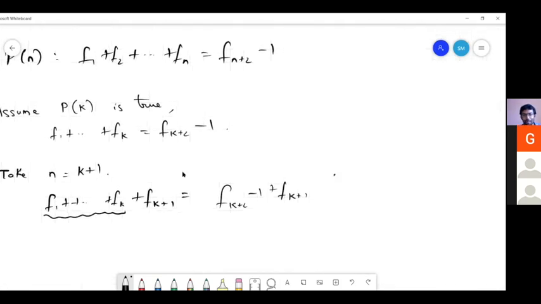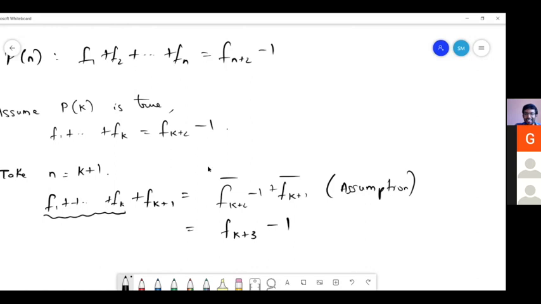As you can see, f of k plus 1 and f of k plus 2 sum to f of k plus 3, since it is the sum of 2 consecutive Fibonacci numbers. Minus 1.